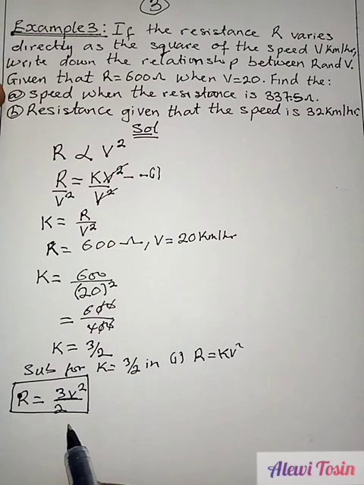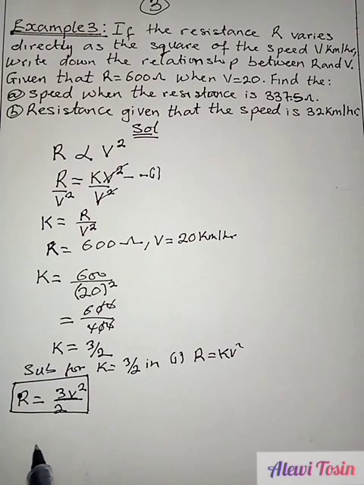Now, question A says we have to find the speed when resistance is 337.5.